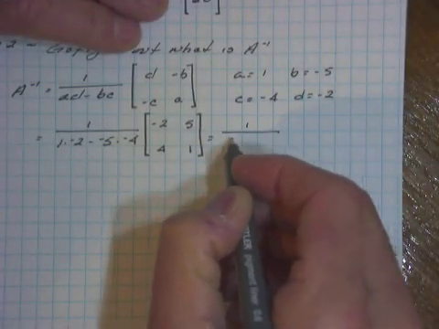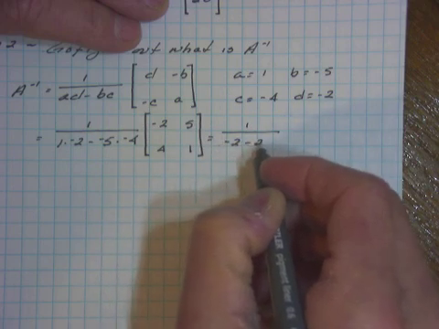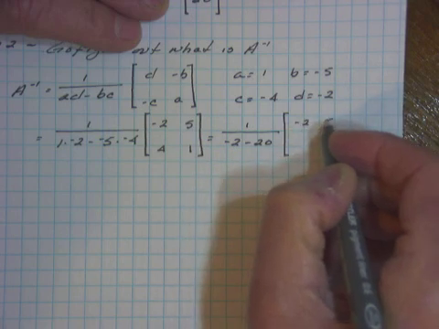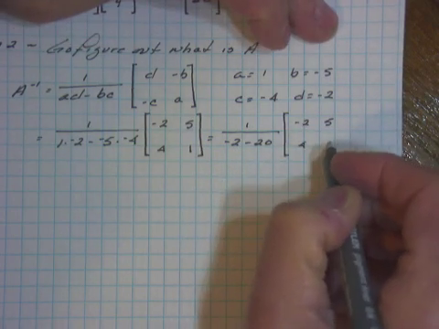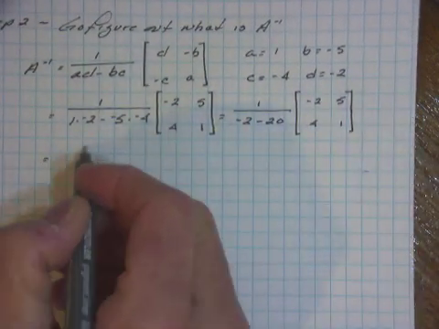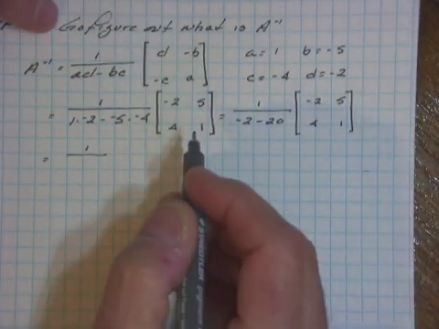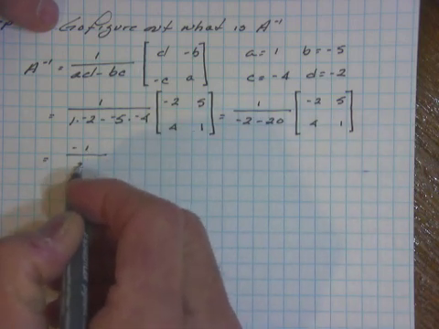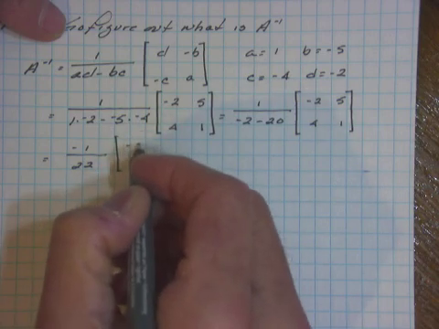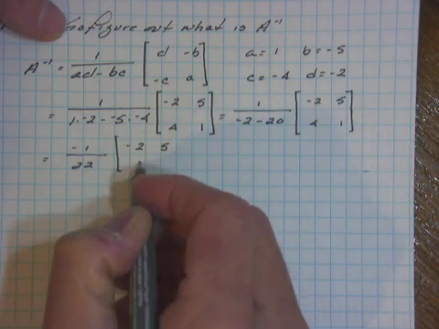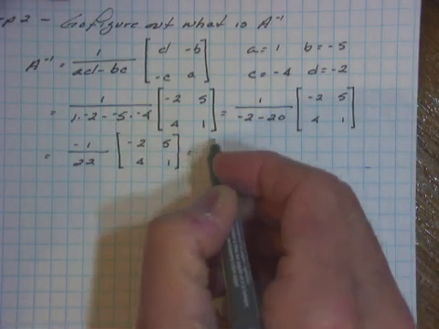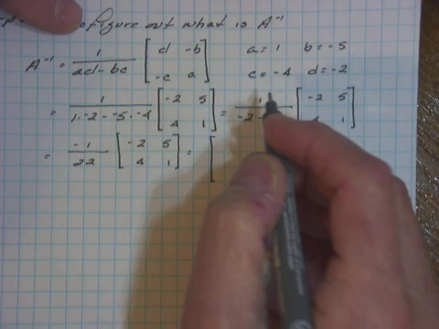Now we have some arithmetic to do. So that's 1 over -2 minus 20 times -2, 5, 4, and 1. Okay, a little bit more arithmetic. So we've got 1 over, now that's -22. I like my negatives in the numerator. You do whatever you want on that one. As long as you do the arithmetic correctly, it shouldn't make any difference. Okay.